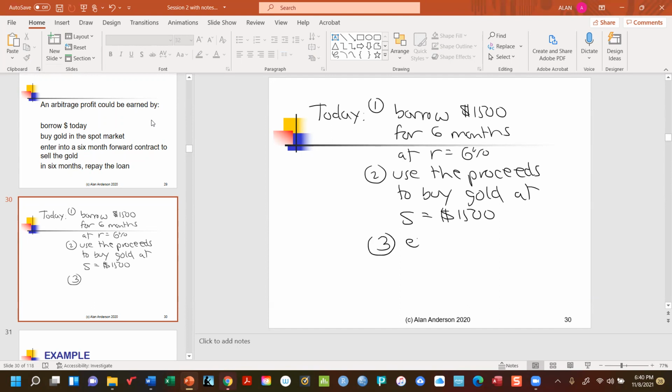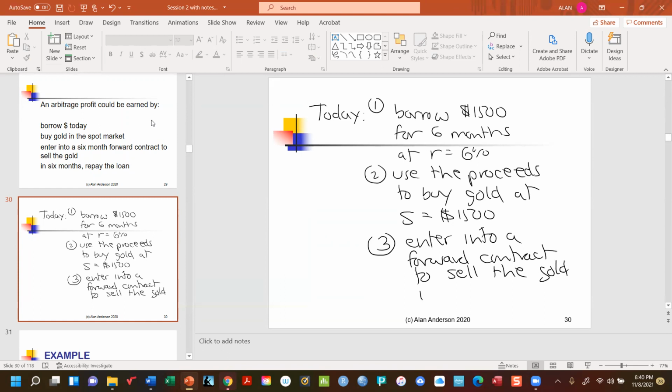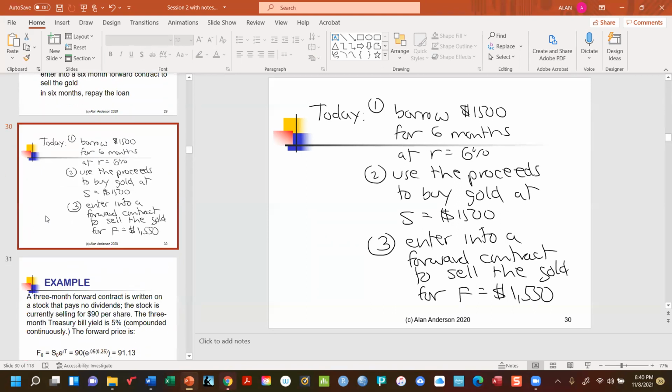Three, enter into a forward contract to sell the gold for F equals 1,550. Did I say 1,500? And then step 4, we're going to repay the loan. Well, I ran out of space. It's going to go in the next slide.